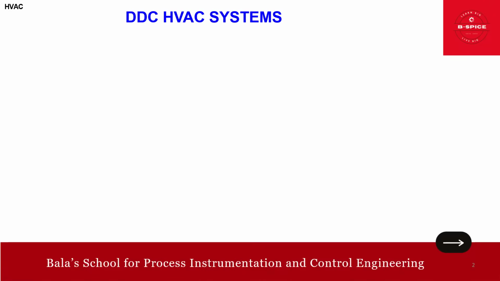In fact, what I'm going to bring in here, we'll talk about what is DDC, and we'll also talk about the terminology and theory of operation. Terminology in the sense the points: digital input, digital output, analog input, analog output, all this. And also we'll focus on the DDC hardware, what are all the hardware involved, and also we'll talk about the control algorithm, what are all the inbuilt control algorithms, and we'll also touch upon the control network.